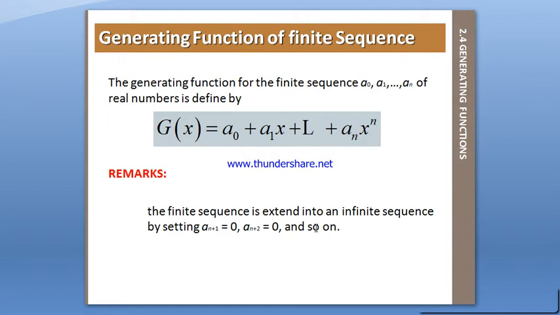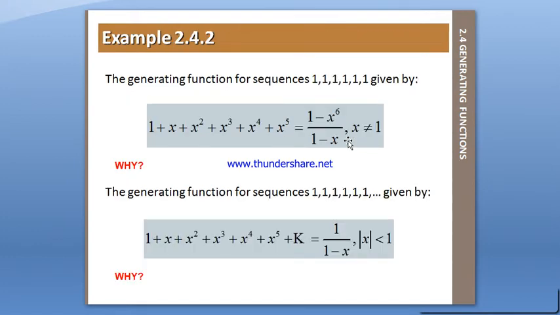When we add to this a term like an plus 1 equal to 0 into x power n plus 1, adding infinite zeros to the right of an x power n, this G of x can be reduced to the generating function of an infinite sequence. And then we consider it as usual, represented by G of x.